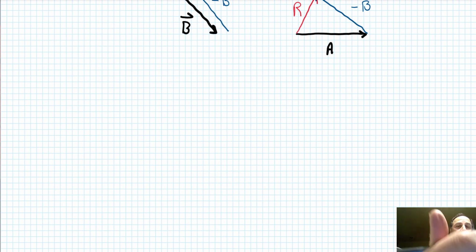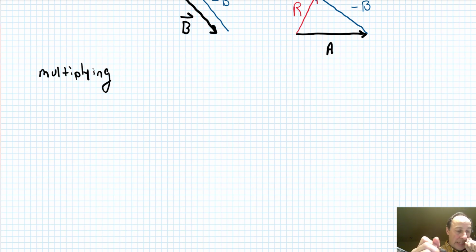All right. So now we did addition, subtraction, multiplying. And we're going to take the case of multiplying by a scalar. This is an easy one.